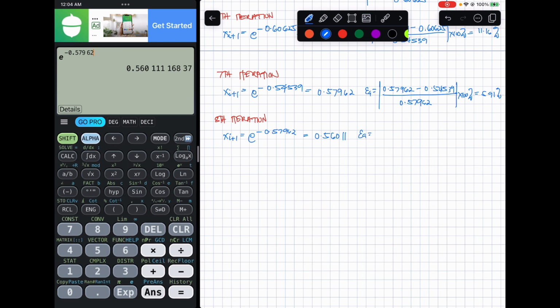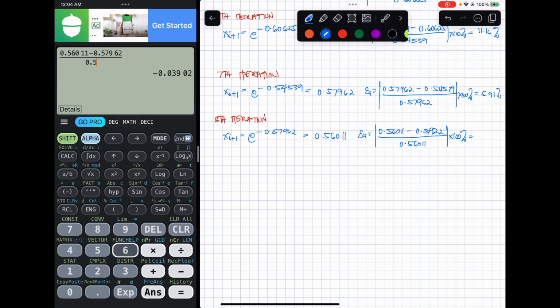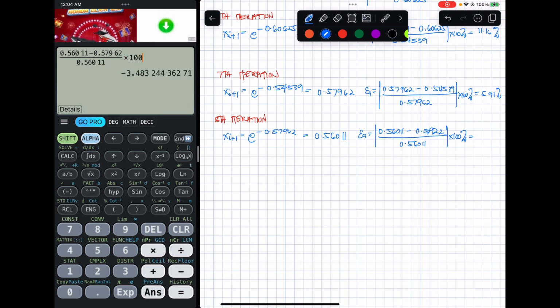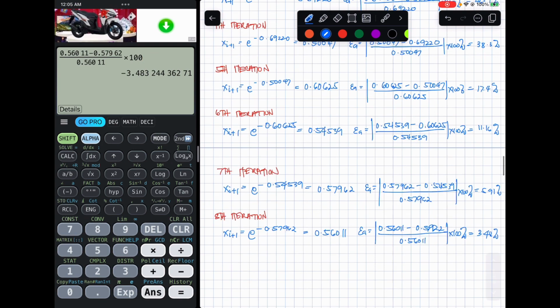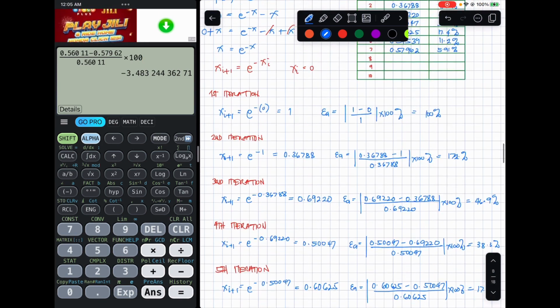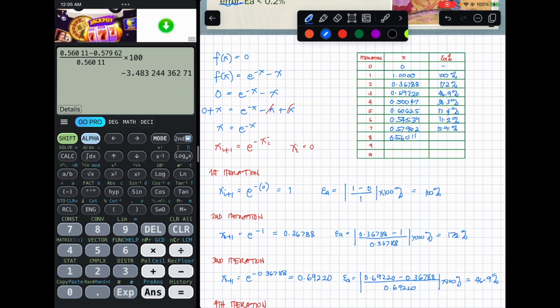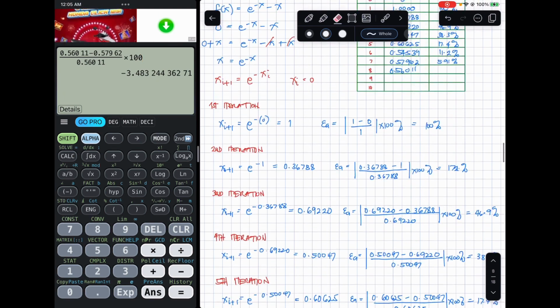Then 0.56011 minus 0.57962, over 0.56011, times 100, so we'll have 3.48%.